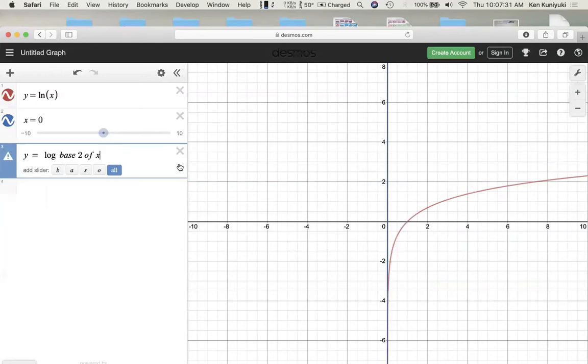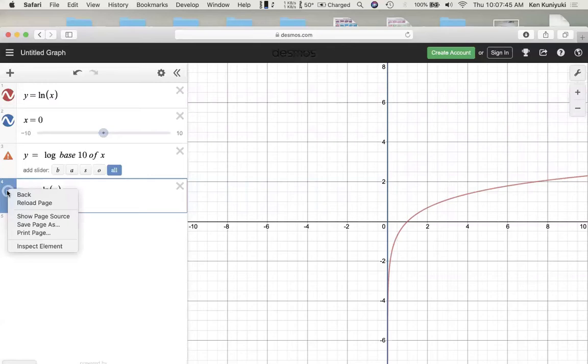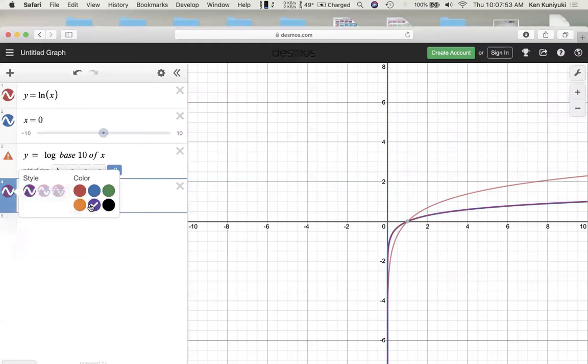Okay, now what about over here? Y equals log base 10 of x. Y equals ln of x all over ln of 10. Let's change the color to purple.